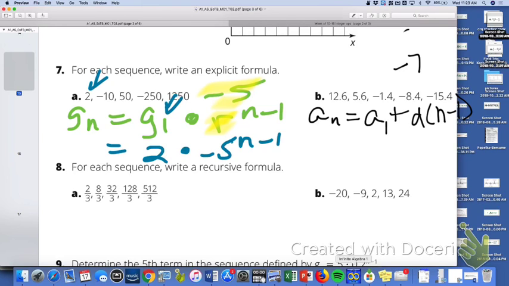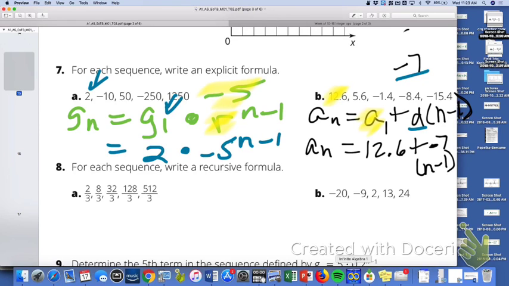So now I'm going to fill in the blanks with the information I've got. That's the generic formula. So my A sub 1 in this case is 12.6 plus my common difference of -7 times n minus 1. I kind of ran out of room there, sorry guys. You can see it's kind of out to the side, but that's okay.